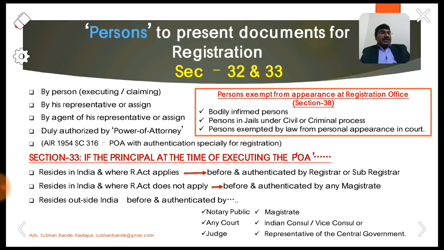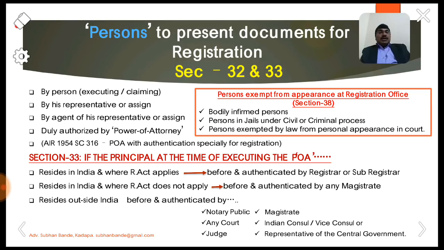It is the essential requirement if the executor wants to present the documents for registration with the help of the power of attorney. The power of attorney should be a special power of attorney to present the documents for registration.